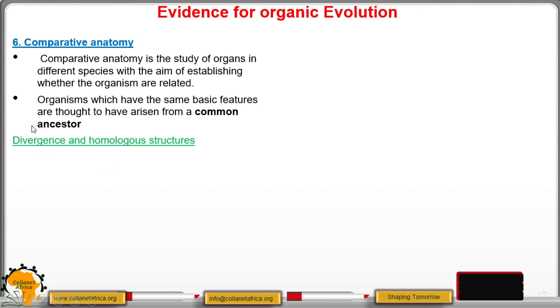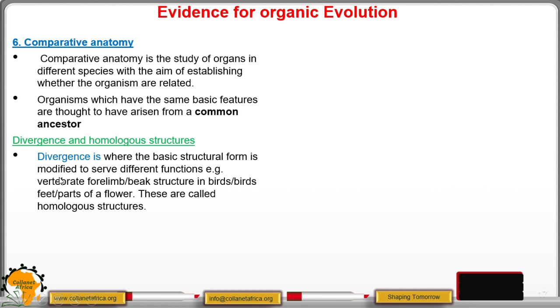Under comparative anatomy, we shall discuss divergence and homologous structures. Divergence is a situation where the basic structural form is modified to serve different functions.